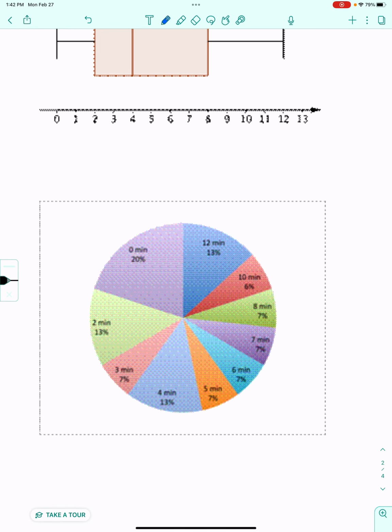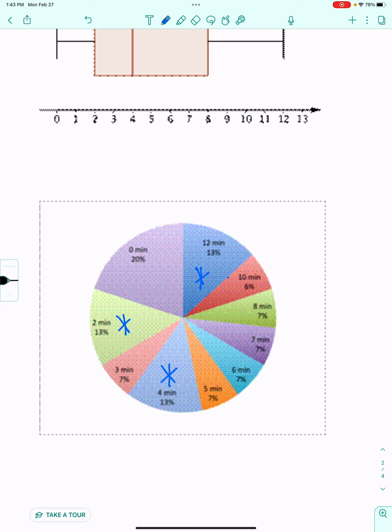Taking a look at the circle graph, it looks like I do have one section that stands out as being the largest. That means 20% of the people surveyed spent 0 minutes waiting. So that's good. It looks like we have 3 sections that are roughly the same size.